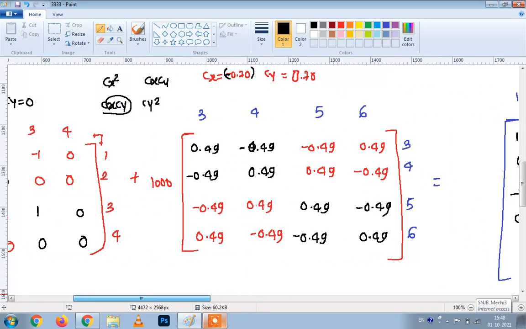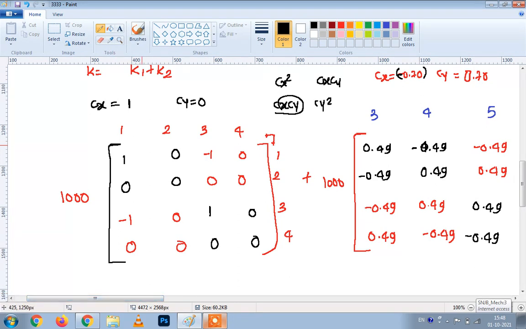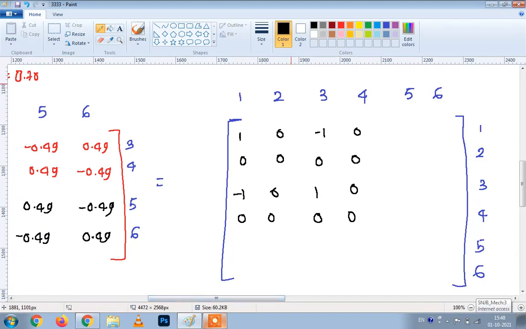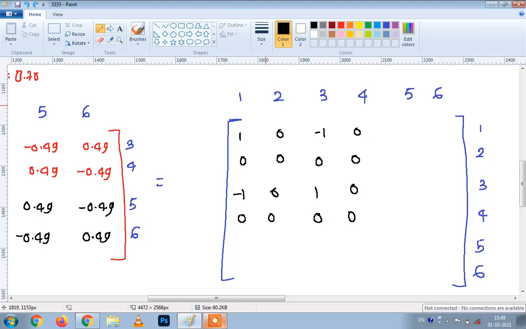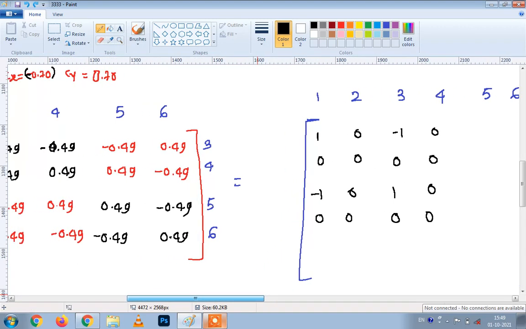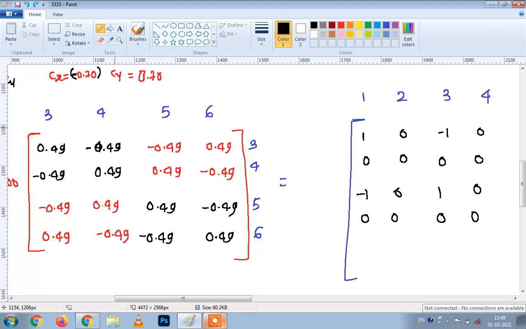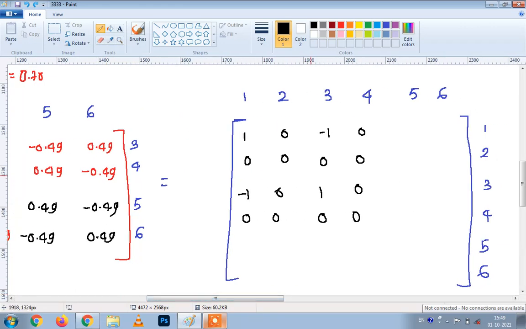So what we have done is simply put these 4 rows and 4 columns, and we have utilized them to place our K1 matrix. Now if you observe the K2 matrix, where is it placed? 3, 4, 5, 6, 3, 4, 5, 6. So it will come like this here.